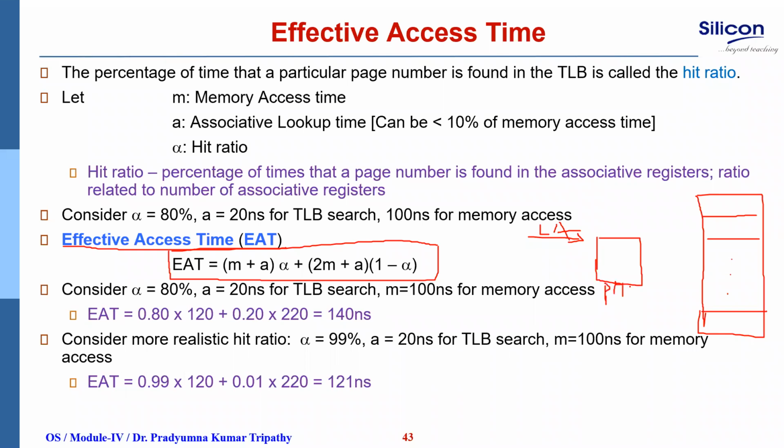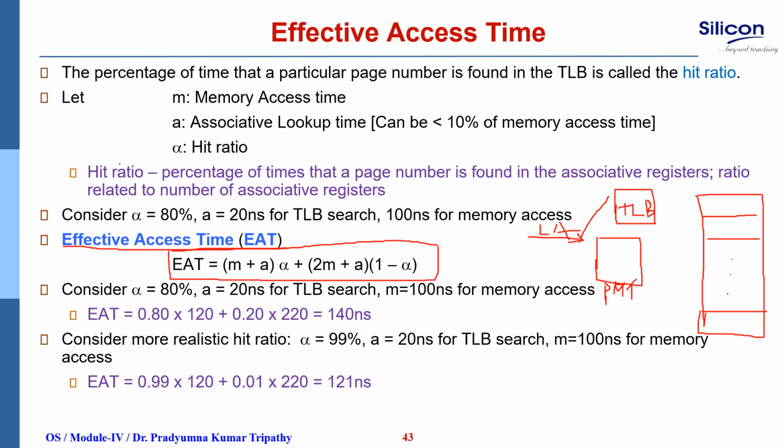Sorry, before the PMT, where is it first searched? Before the PMT, in which location is it searched? First it is searched in the TLB. If it is found, it's okay, it will get the location. If it is not found, it goes to the PMT, from which it will access, correct?